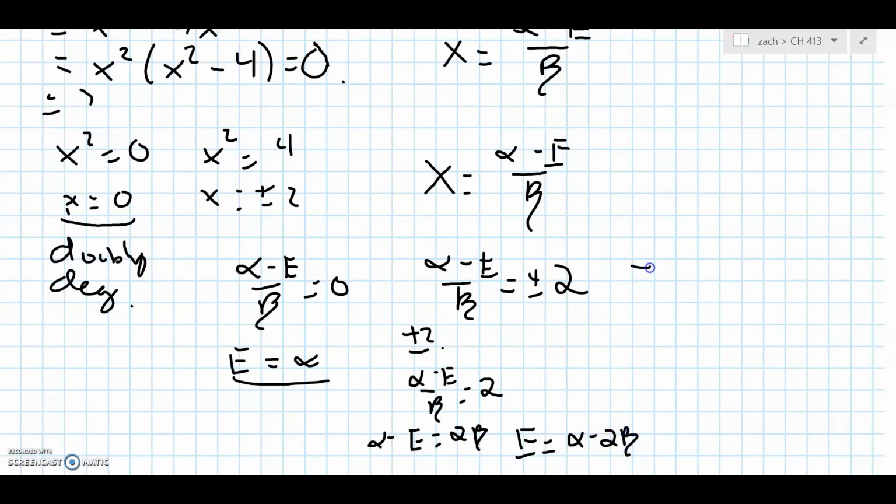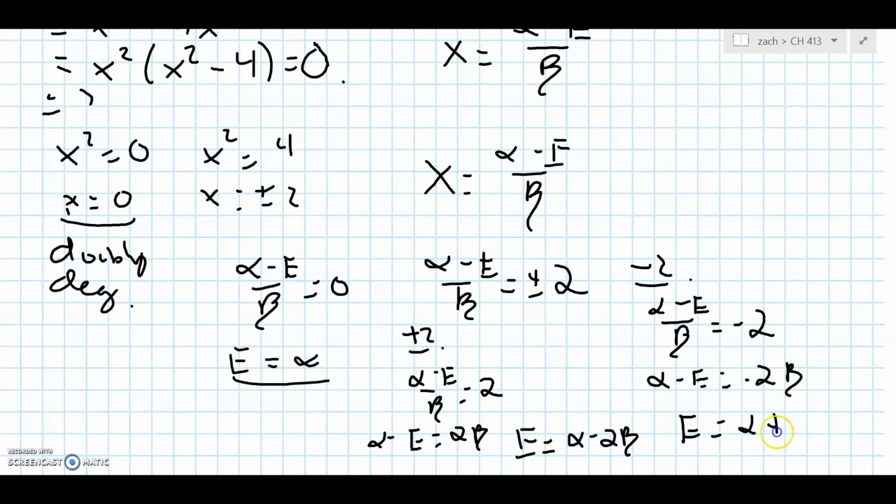And then for the other one, the minus 2 case, we have alpha minus E divided by beta is equal to minus 2. And then we get alpha minus E is equal to minus 2 beta, which finally gives us the result that E is equal to alpha plus 2 beta.